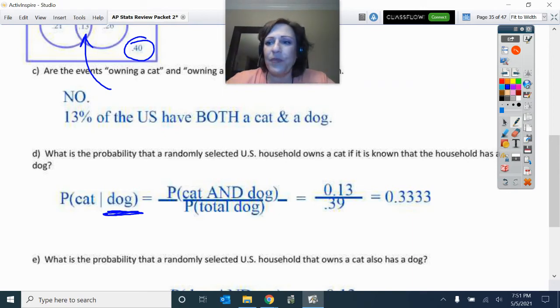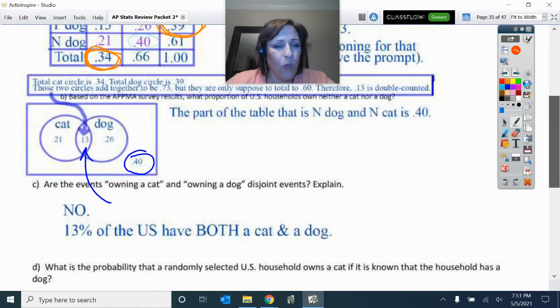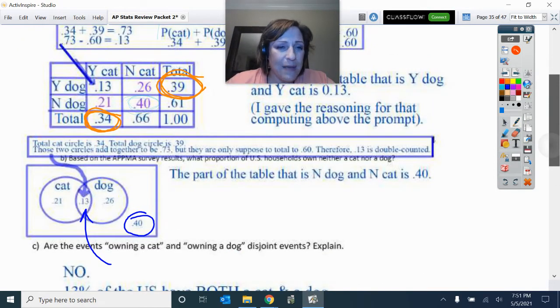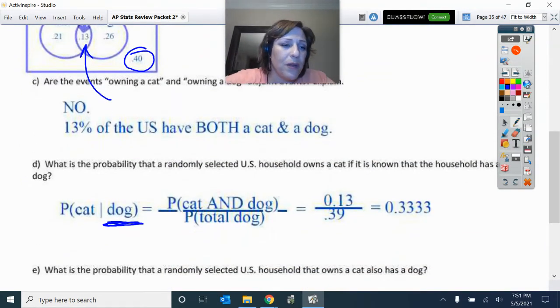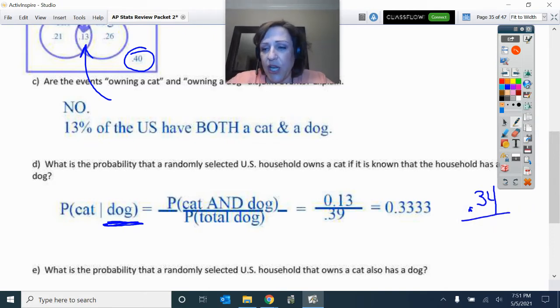And I'm telling you, inevitably, the type of answer that I get is 0.34. This is the most common wrong answer. They put the cat portion over the dog portion.